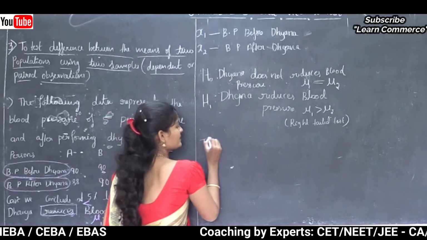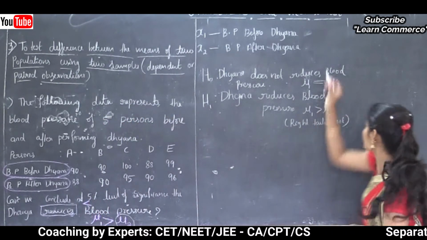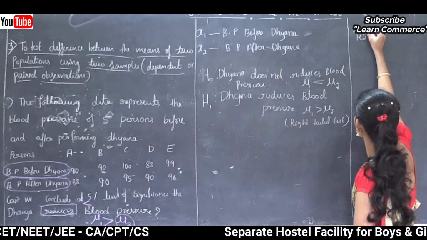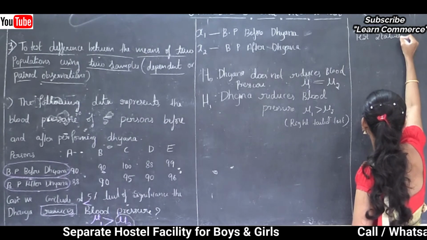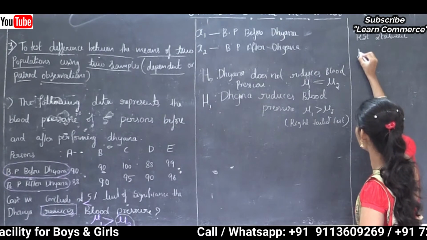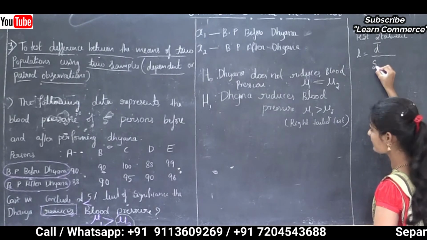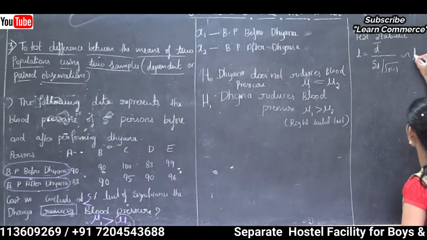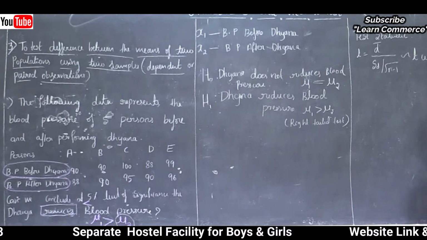Next step 3 is test statistics. So, the test statistic I will write here. That is T is equal to D bar divided by SD divided by square root of n minus 1, which follows T with n minus 1 degrees of freedom.